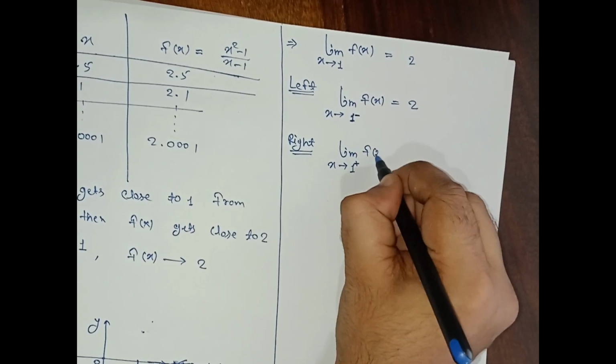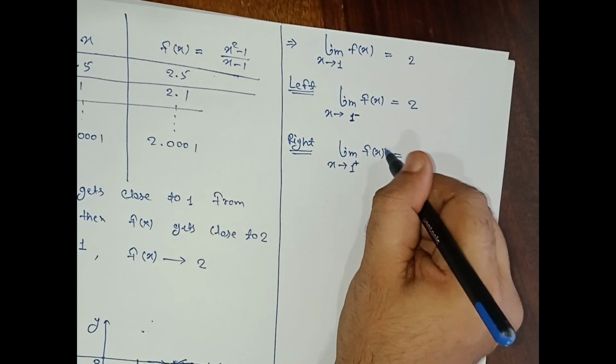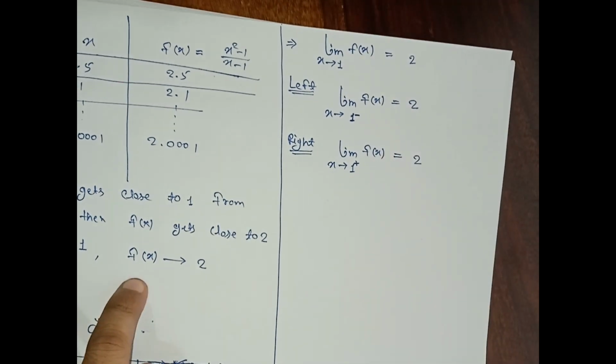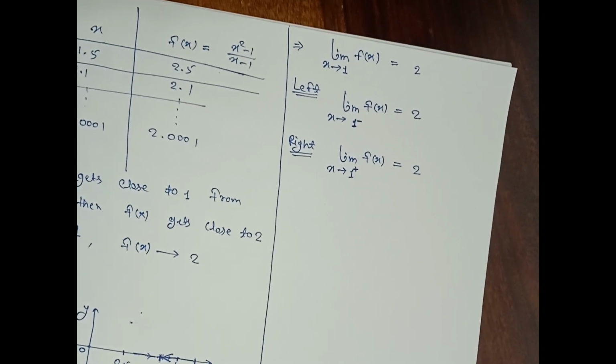So for 1 plus, the value of this limit would be 2, as we saw in the previous table.